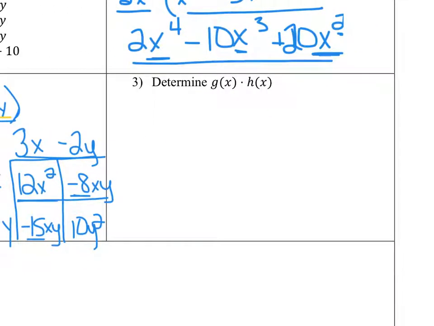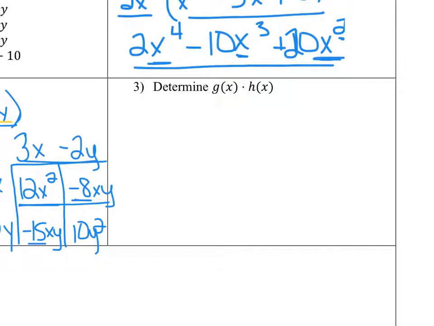So g of x times h of x is next. So let's try those out. All right, so g of x is 3x minus 2y. And h of x is 3x plus 2y.